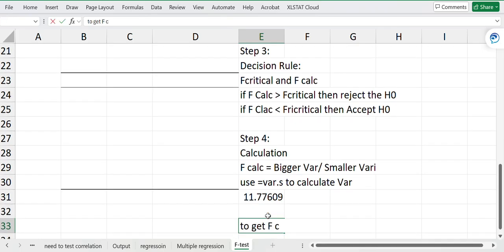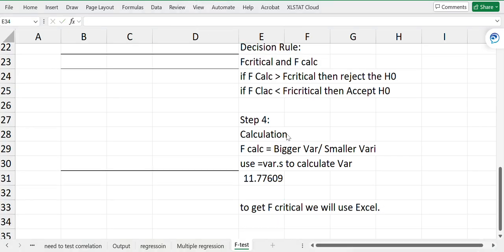To get F critical, we will use Excel. When we use Excel, what do we use? We will use data analysis. So we will go to data, data analysis.